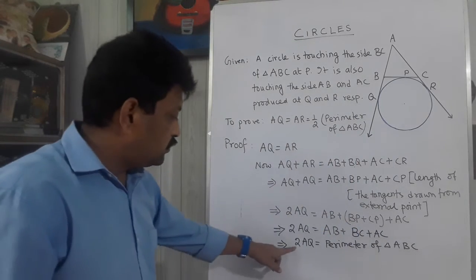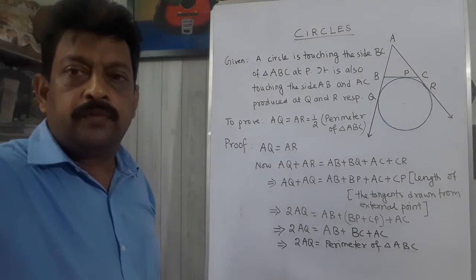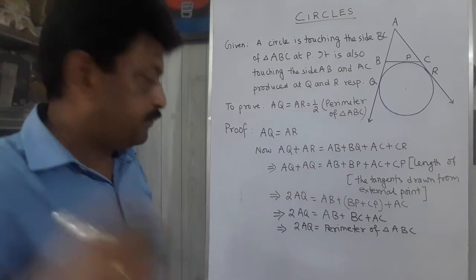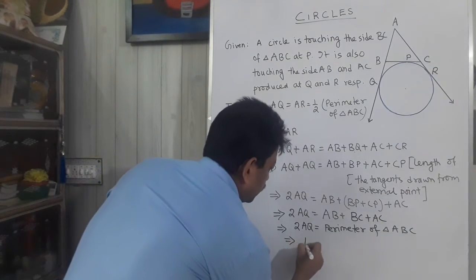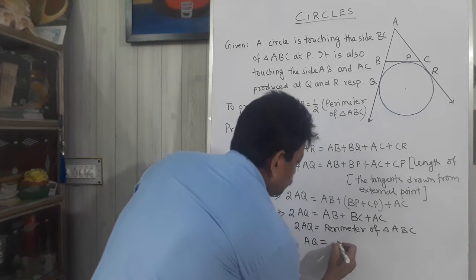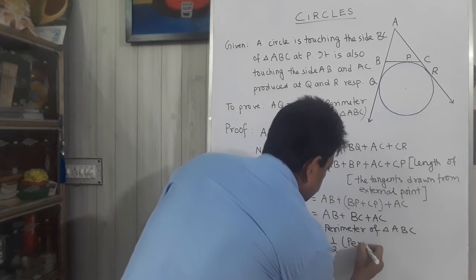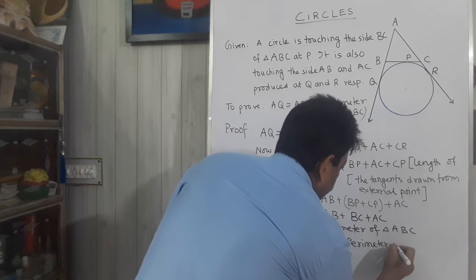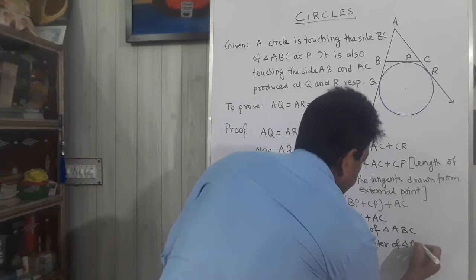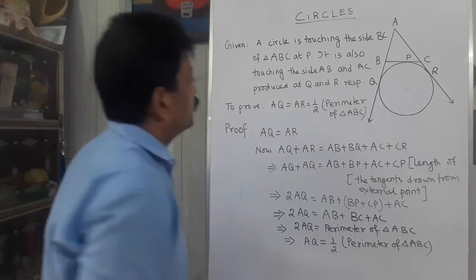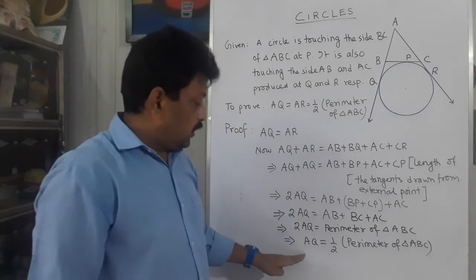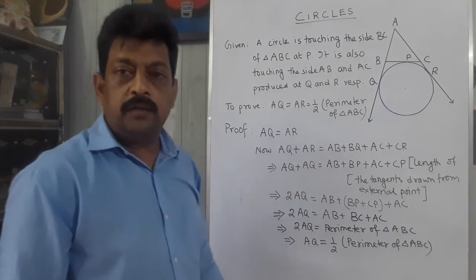Now let me take the 2 to the right hand side, so it will become half. Therefore we can say AQ equals half perimeter of triangle ABC.